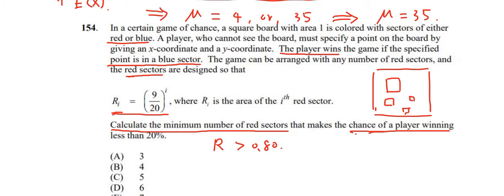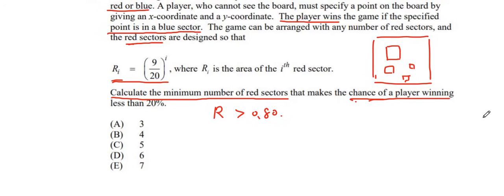Okay, so this means that the total area for the red one is larger than 80%. So for the minimum number of sections, we put each section as large as possible, so we pick r as small as possible.